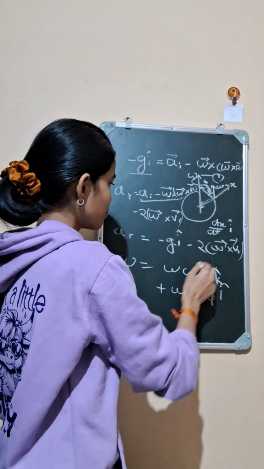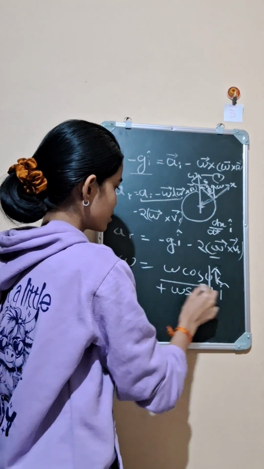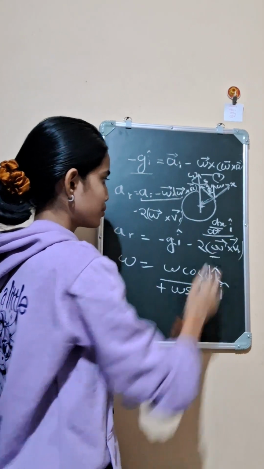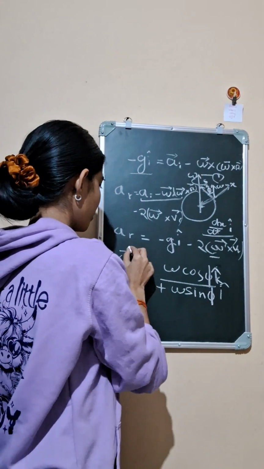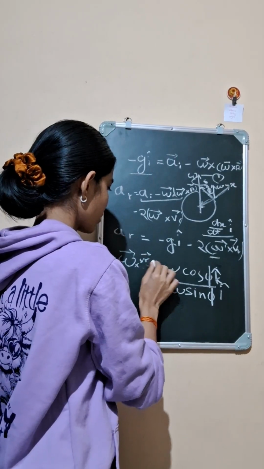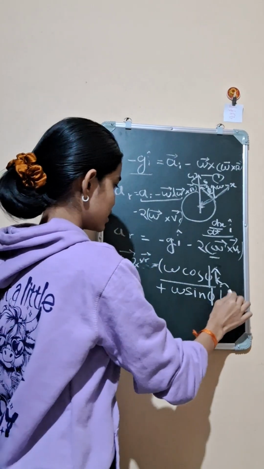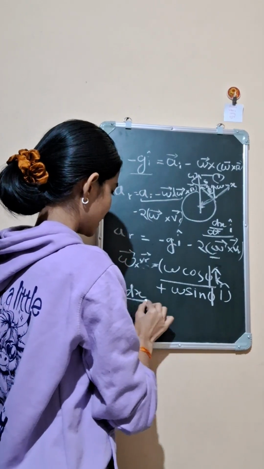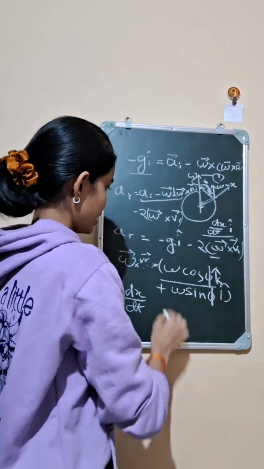Let us do some cross product. So here if I put omega equal to this, and omega cross vr, for vr put this, we will get omega cross vr equal to this thing cross dx by dt i cap.